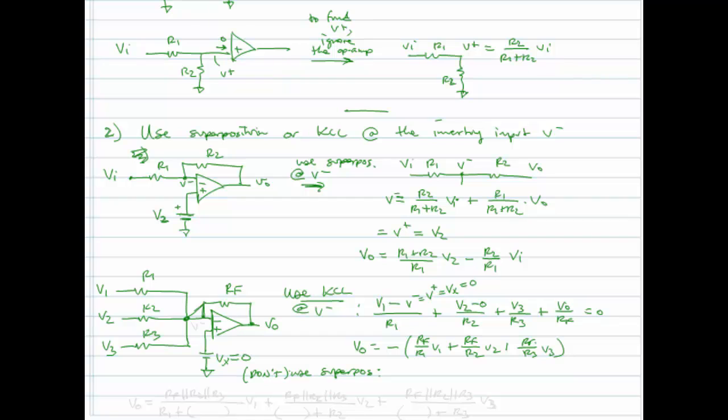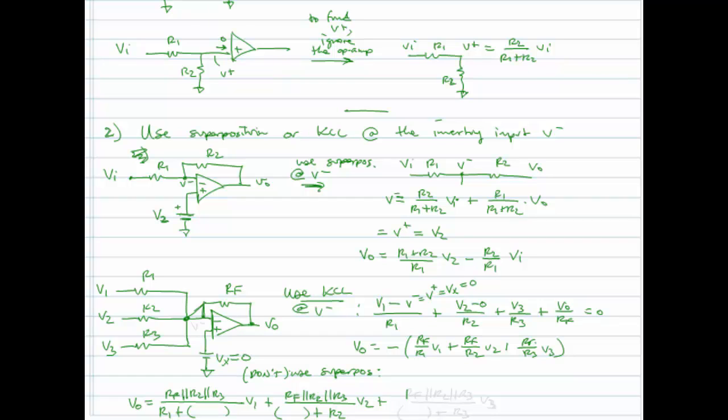If we try to use superposition, we'd say VO is equal to RF in parallel with R2 in parallel with R3 divided by R1 plus that same parallel mess times V1 plus, now we go RF in parallel with R2 in parallel with R3 over that same parallel mess plus R2 V2, and you see where this is going.